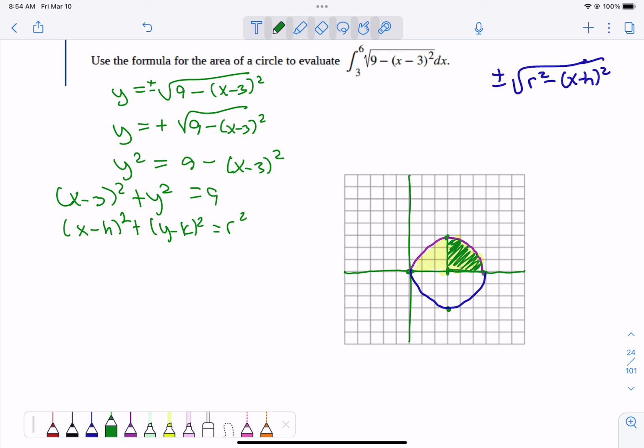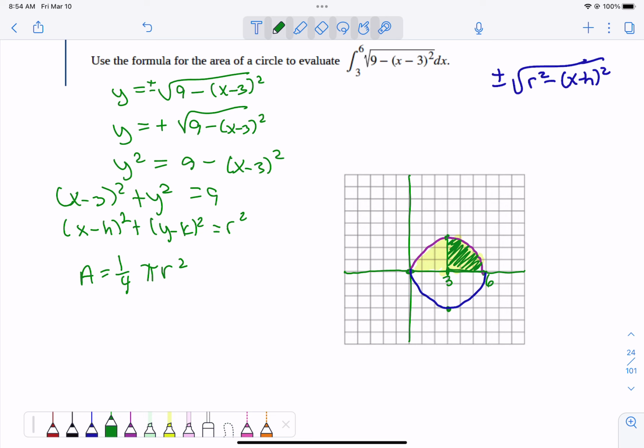Well, that is only a quarter of the circle. So, pi r squared is the formula for the area of a circle. We only need a fourth of it because we only need that portion from 3 to 6.